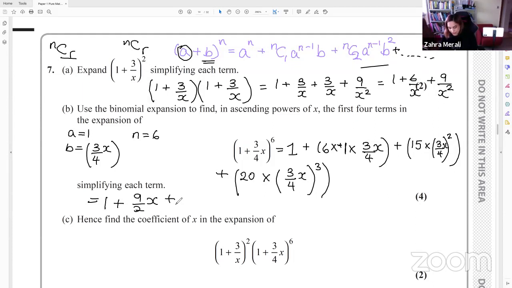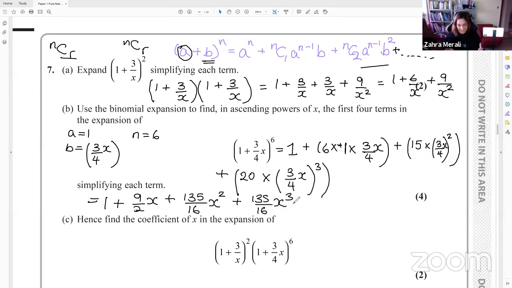So it's going to be 3/4 all squared. And if you put that straight into your calculator, you should get 135/16 x squared. And in the next one, you're going to do 3/4 all cubed. So when you cube 3/4 and times it by 20, you also get 135/16. And you've got x cubed.